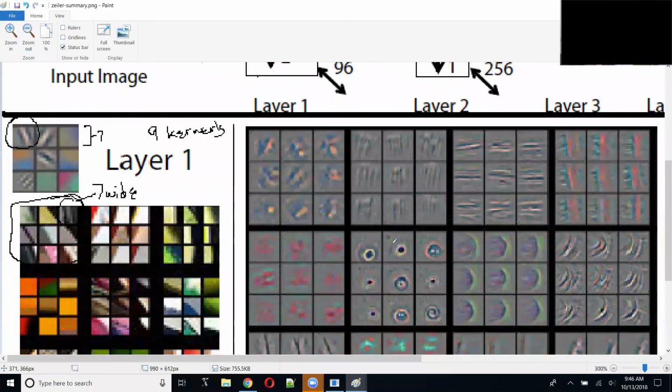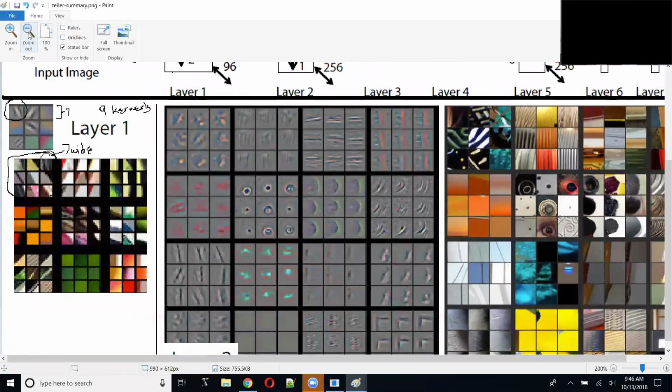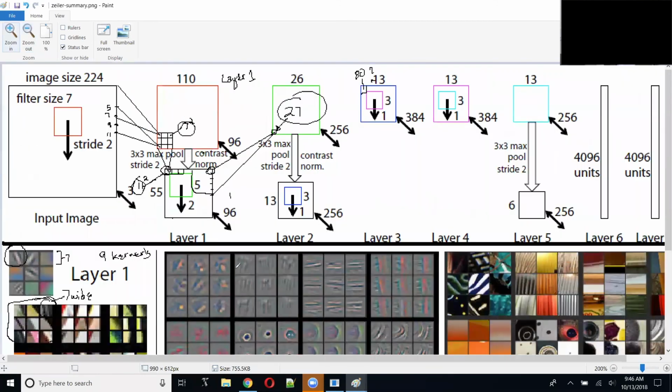Let's zoom out. I believe this one is one kernel, and what strongly activates those kernels are these image patches.